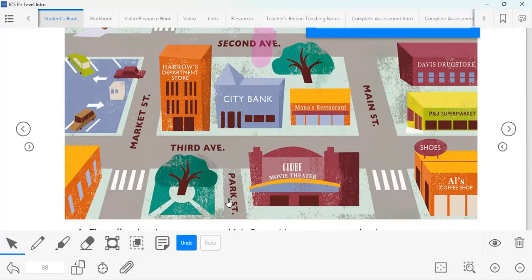It's on the corner of Third Avenue and Market Street. Okay, and the other expression? It's across from the park. Correct, it's across from the park. You see? So we have different options.